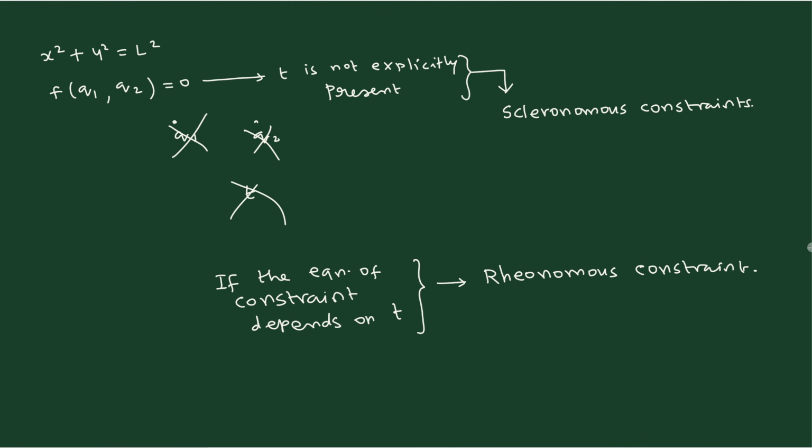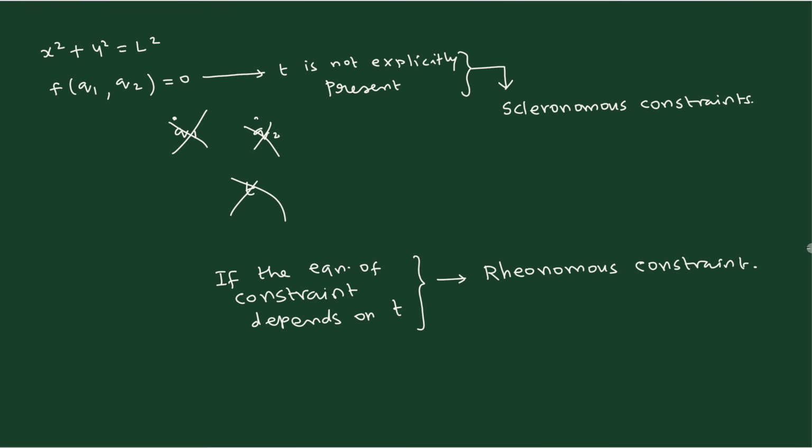But whenever the time is present and when the time is absent, then you further classify. You are classifying the original holonomic system into further divisions. So remember that the scleronomous constraint and the rheonomous constraint will be a further classification from the holonomic. So both of them are holonomic.